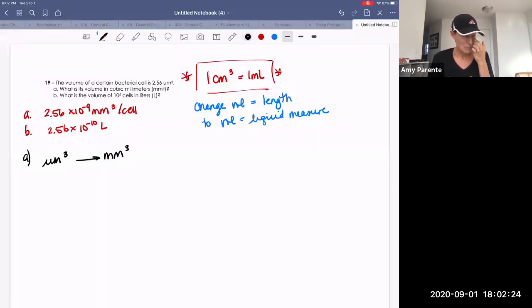So maybe you know something direct for micrometers to millimeters, but if you don't, we can go like this. I've got micrometers. Getting back to my base unit of meters, that's going to be a factor of 10 to the 6th, a million.